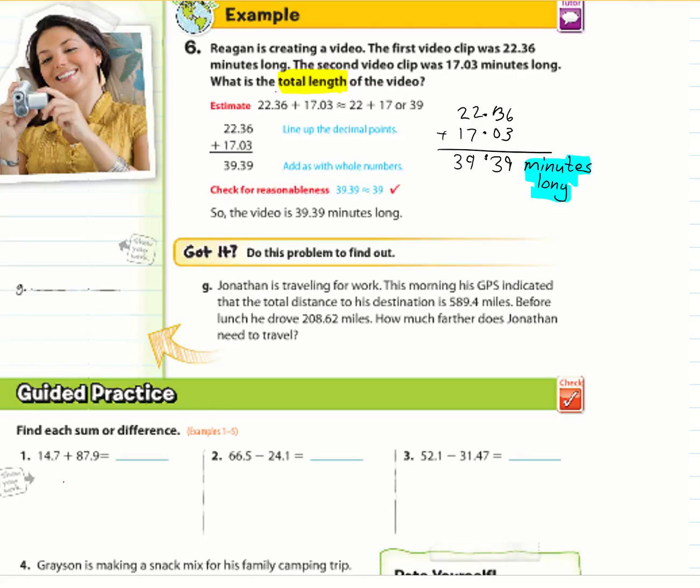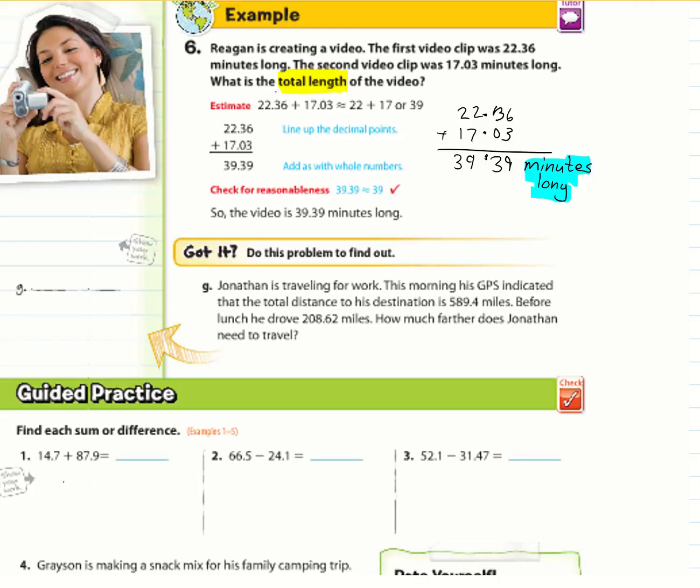So I didn't do the work for G. I'm actually going to walk us through it just for better clarity. So like example 6, what key phrase is going to help us solve this problem? Jonathan is traveling for work. This morning his GPS indicated that the total distance to his destination is 589.4 miles.